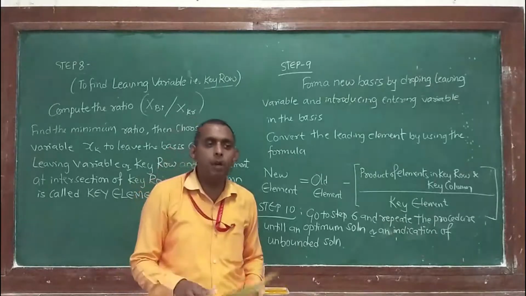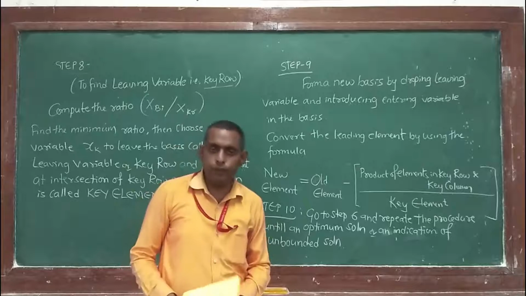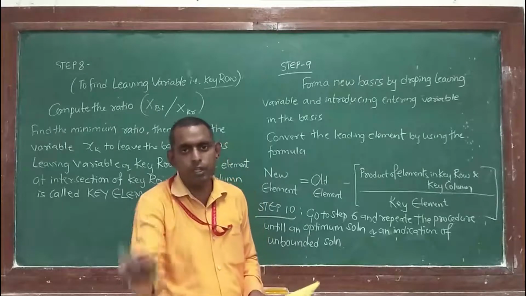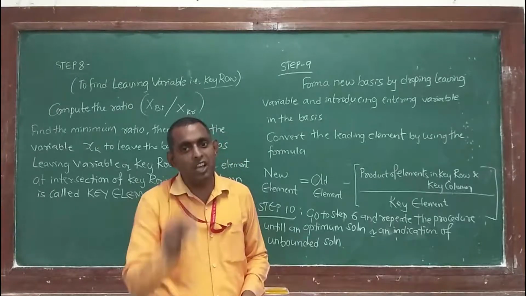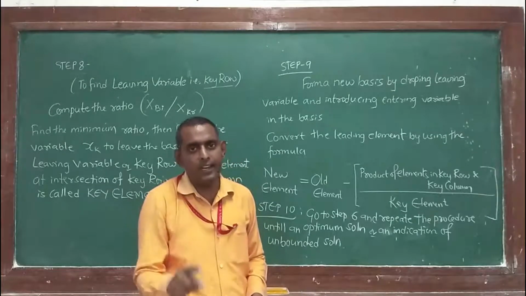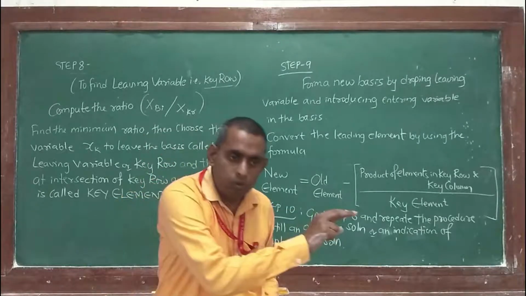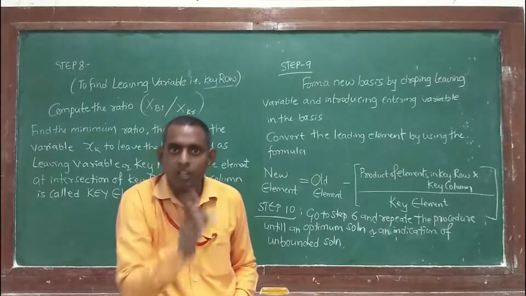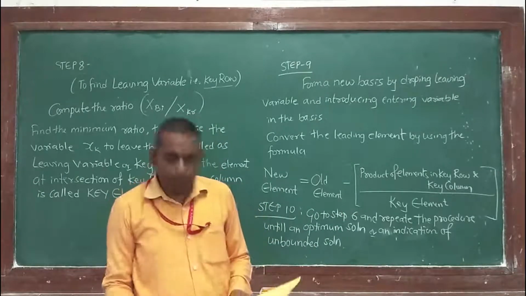In step number 1, we check the objective function. If the objective function is minimization, then convert it into maximization. And in step number 2, we check all the bi. If any bi, or more than one bi, is negative, then we multiply by the negative sign for that particular constraint, so that the negative bi gets converted to positive.